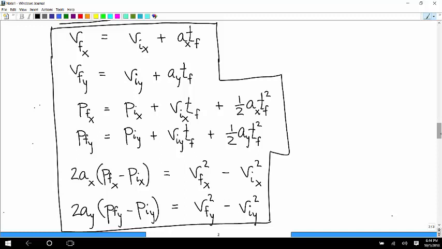There's only one thing, and that's time final. Since time is not a vector, the time final that you get there, you can plug in the y. And so there are going to be a lot of times where we'll use a y equation to calculate time final. And then we'll take that time final that we just found.